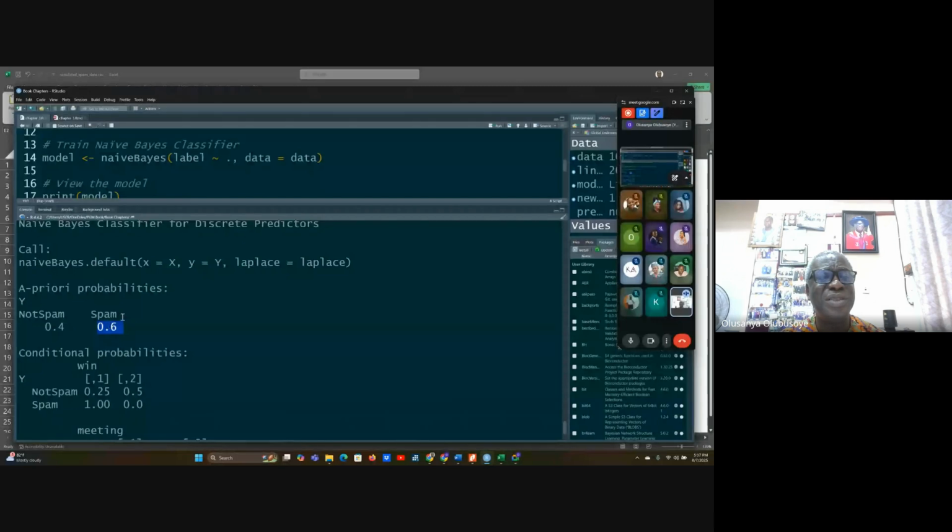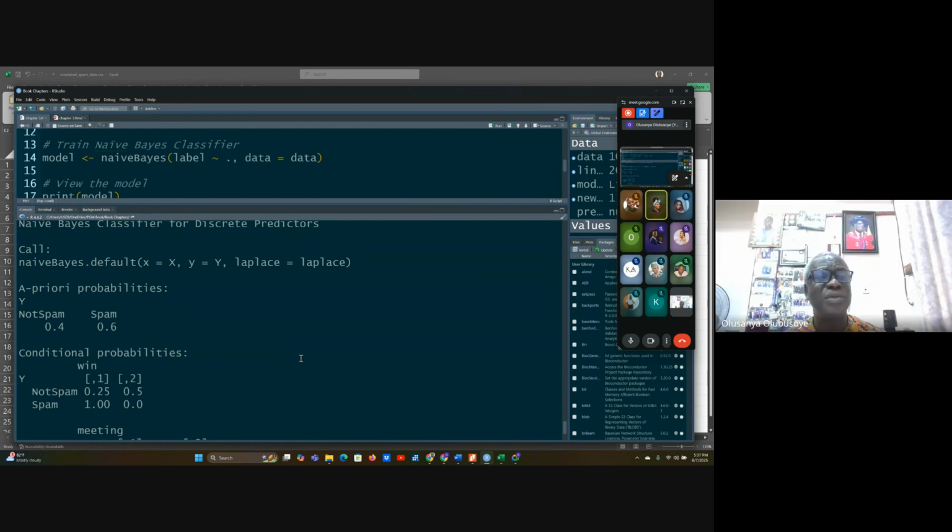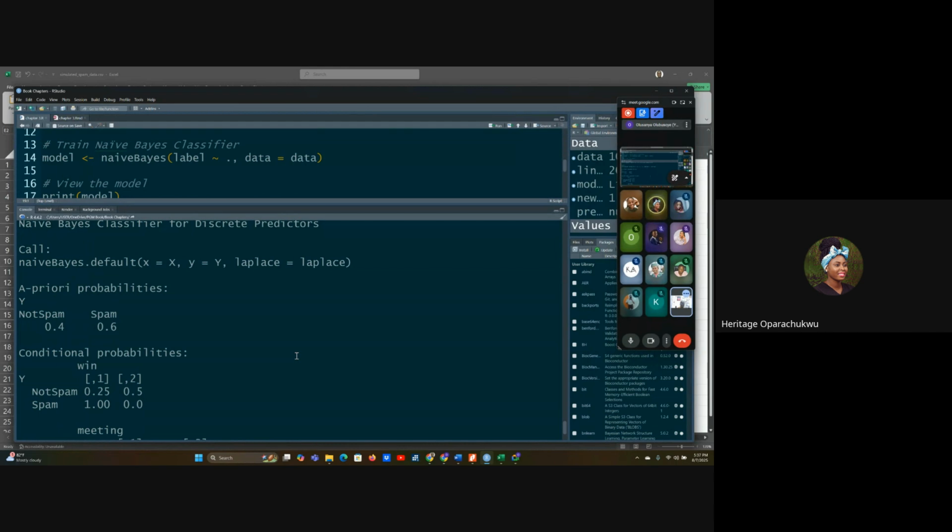Then what is the probability of not spam? How many of them are not spam? 4 messages, sir. 4 messages. Excellent. So what is the probability of not spam? 40% or 0.4.